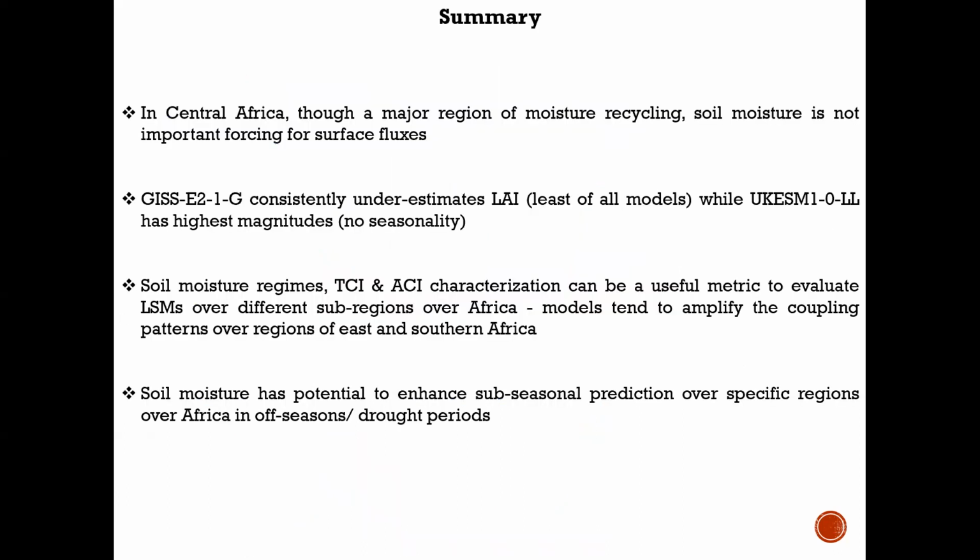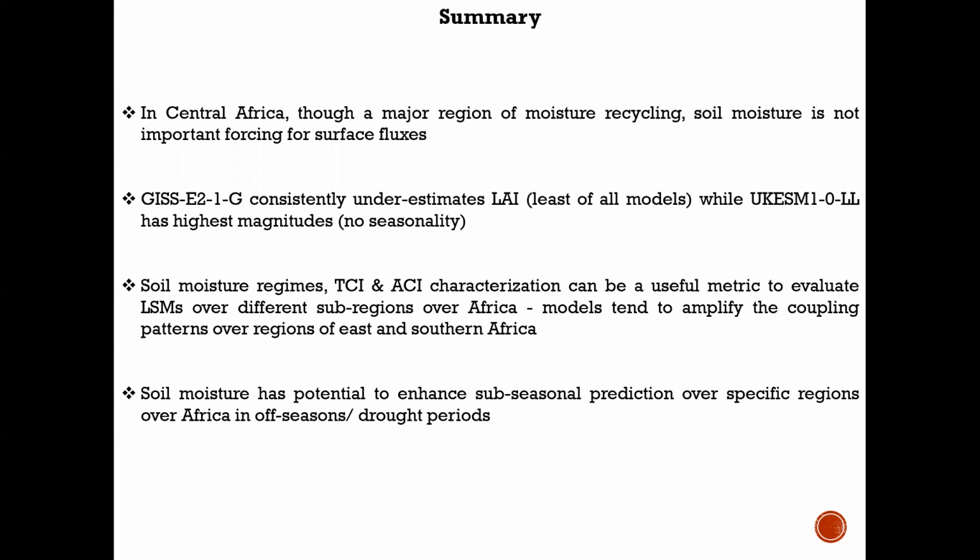Central Africa. So in summary, we note that although Central Africa is a major region of moisture recycling, soil moisture is not an important forcing for the land surface fluxes. The GISS model consistently underestimated leaf area index, while the UKESM showed the highest magnitudes, and there was no discernible seasonality for this model.